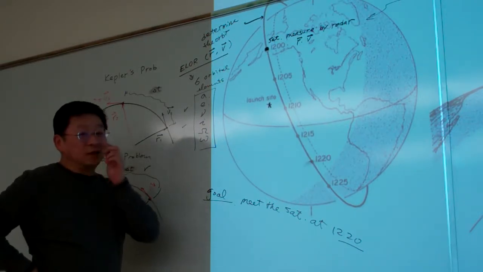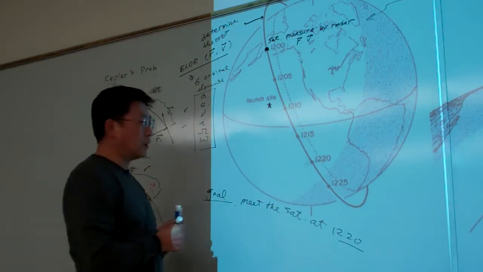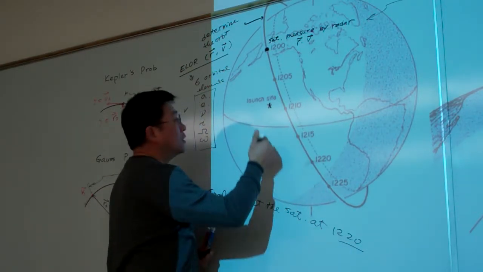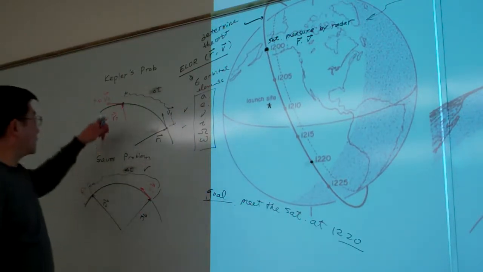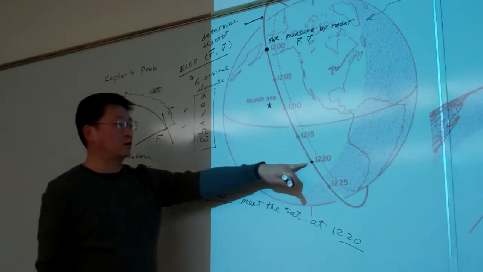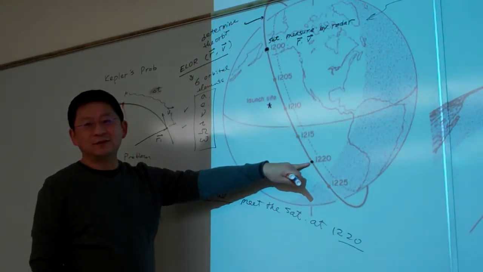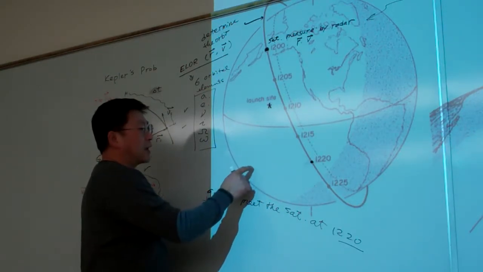That means we first have to know where the location of the satellite will be at that moment. Given the time of flight from here to here, 20 minutes, by solving this problem we know R2, we know V2. In particular, we know R2 precisely. Now we want to launch, and how to launch?